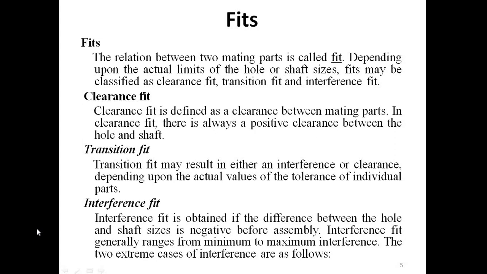The design engineer must be aware of that, and according to the type of fitment, the tolerances must be given on the component, because according to the tolerances, the production engineer will decide the suitable process to manufacture the component. If close tolerances are there, the production cost of the component will increase.